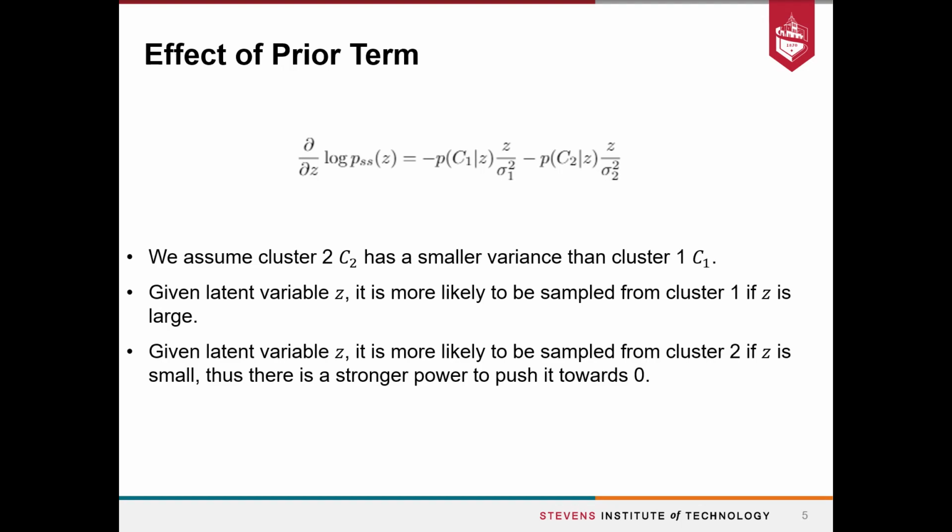While when z is small, it is more likely to be sampled from cluster 2, and it will cause a larger gradient because of the small variance in the denominator, and thus a stronger power to push it towards 0. So the prior term will penalize small latent values and enforce sparsity to a certain degree.